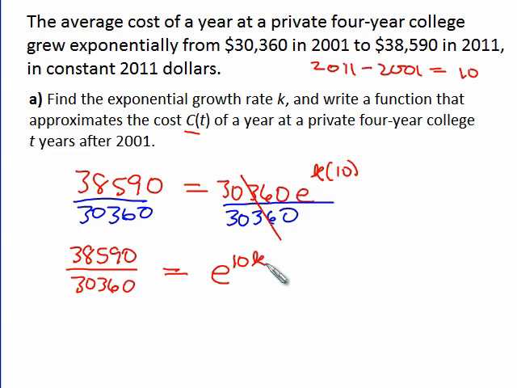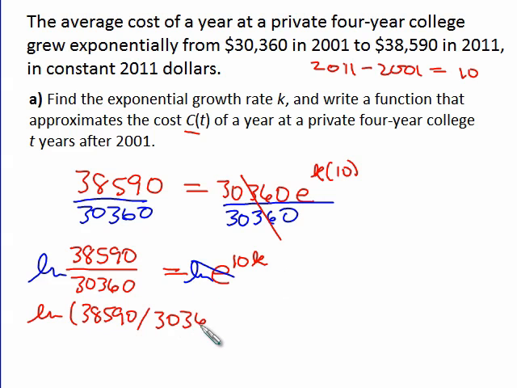And then that goes away on this side, so I get e to the, and I'll just rearrange the order here, 10k. So trying to isolate k, I need to take the natural log of both sides. That will cancel here, leaving me with the natural log of 38,590 over 30,360, and that equals 10k. So I'm dividing both sides by 10.